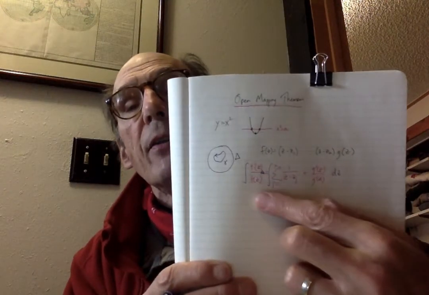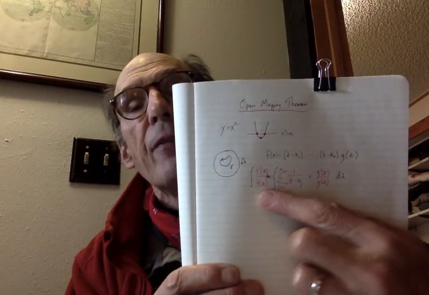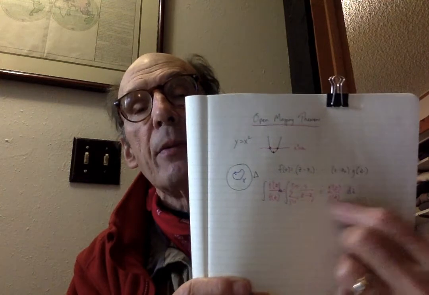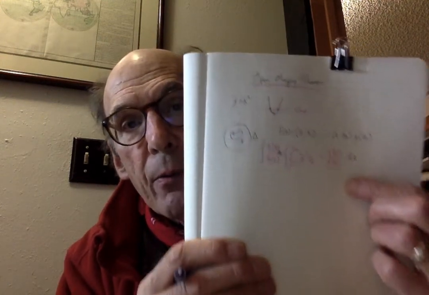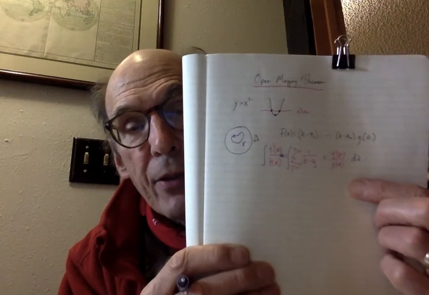What's interesting is if you integrate this, and I'm sorry I didn't leave enough room, but I'm going to try to squeeze it in. If you integrate both sides of this expression, on the one hand you get this integral of f prime over f, and on the other hand you get this sum of a whole bunch of integrals. g of z is not 0. We made sure that we had that situation.